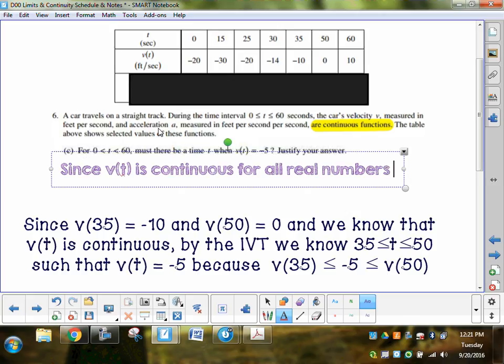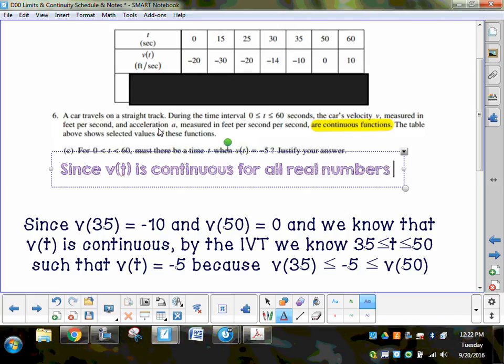Now you're trying to guarantee that we hit -5. There's a bunch of answers for this, by the way. What window do I want to look at, or between what values am I guaranteed that that -5 is going to be hit if it's continuous? V of what? 35 and 50, or whatever it ends up being.